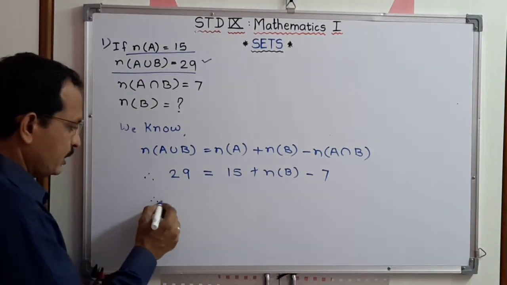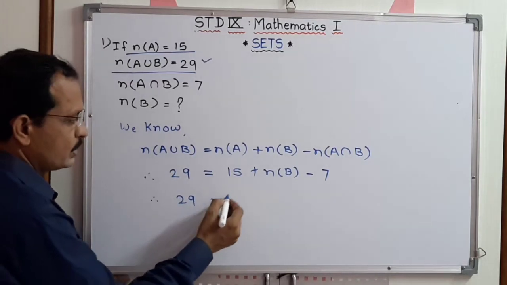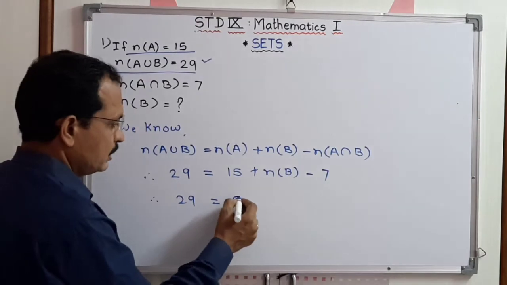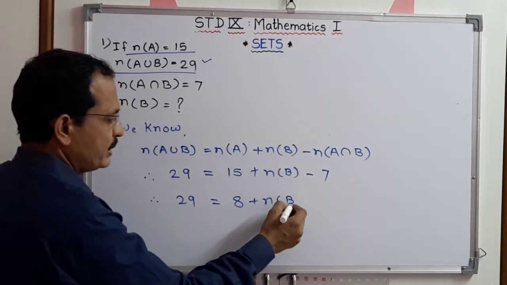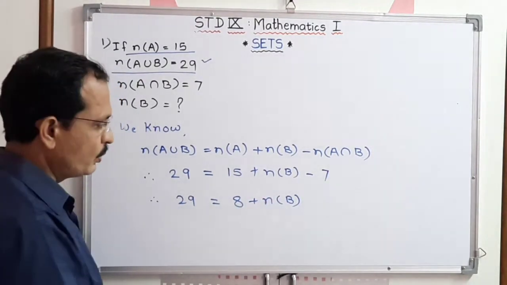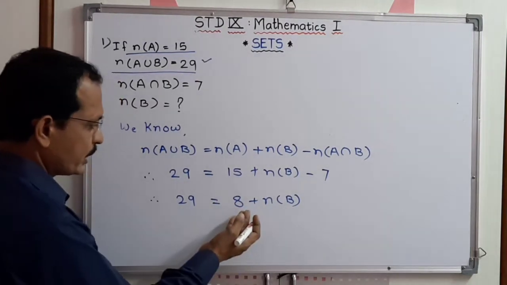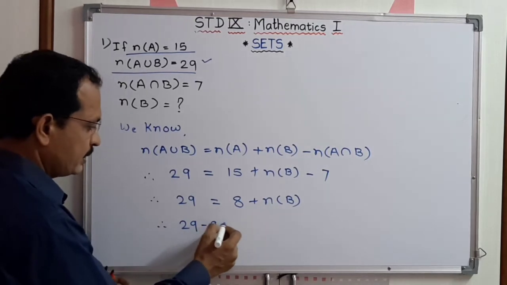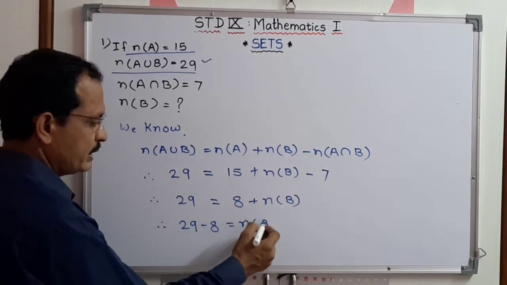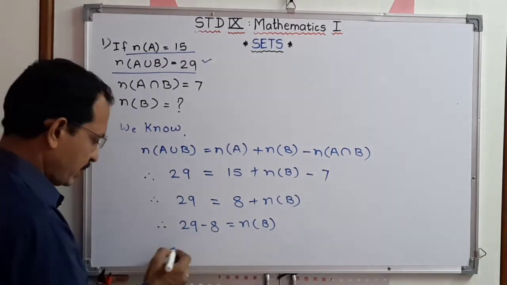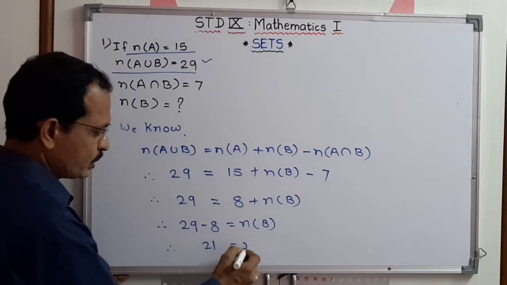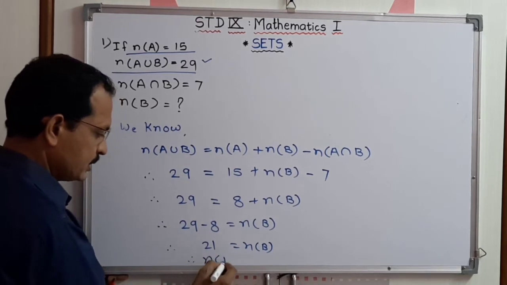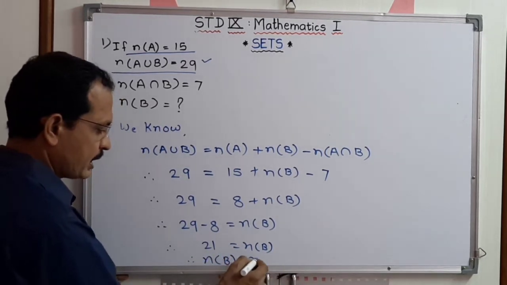We can write 29 is equal to 15 minus 7, that is 8, plus number of elements in set B. Now we take this 8 to the other side, then it is 29 minus 8 is equal to number of elements in set B. 29 minus 8 is 21, which is equal to number of elements in set B. Therefore the final answer is, number of elements in set B are 21.